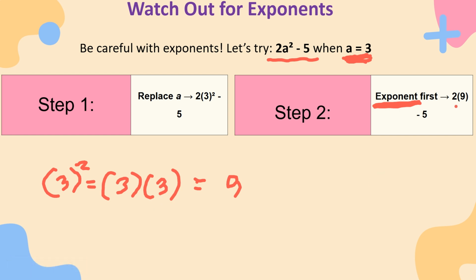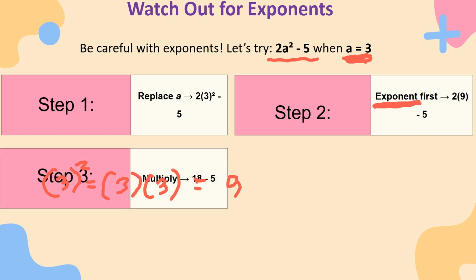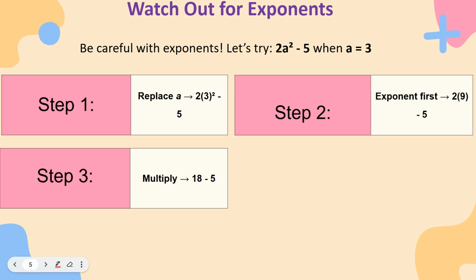So we now have 2 times 9 minus 5. Now step 3: let's erase this one. The next step is we now have to multiply. We should still remember our rule on PEMDAS.